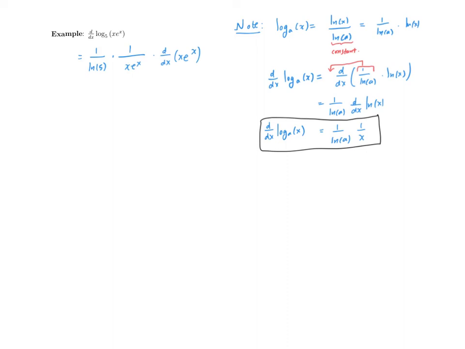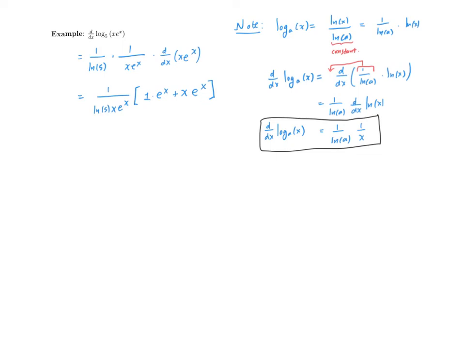Now, to finish it up, we have one derivative we need to evaluate still. And we can differentiate x e to the x using the product rule. So we think derivative of the first times the second plus the first times the derivative of the second. And recall the derivative of e to the x is e to the x.